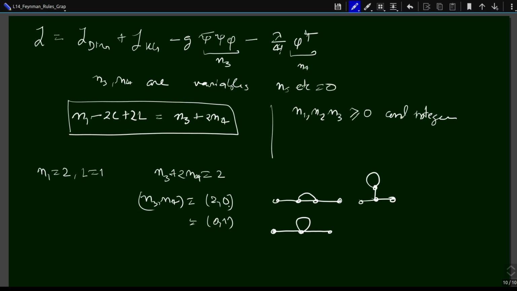So this tells us that in this category I have this diagram, and in this category I have this diagram. That's very important to categorize properly, because we will need all this information when we are doing renormalization, and we will also have to work with further subcategories. Already you can see between two variables I have this option.